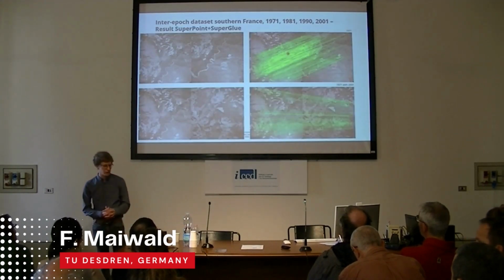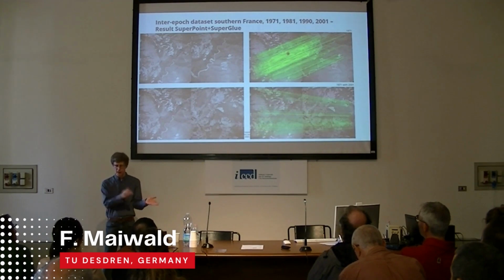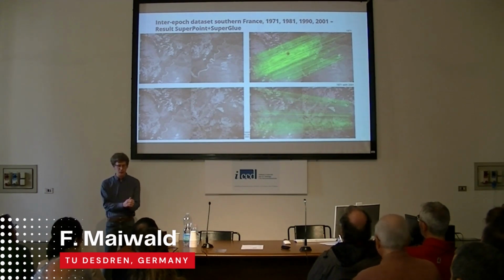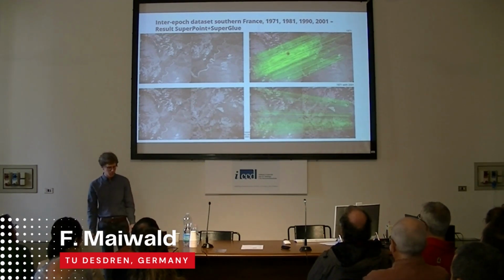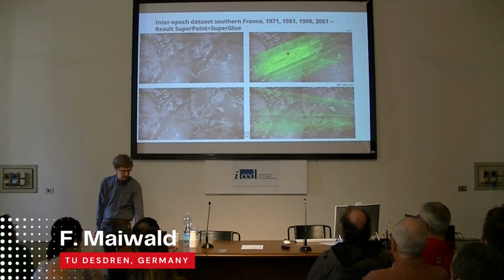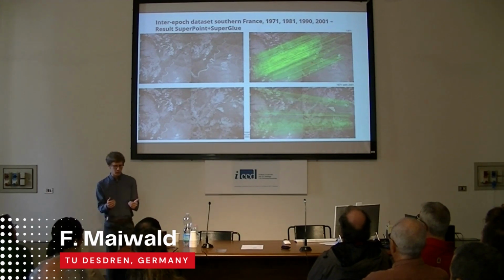So I just used it like I had it on my computer for the terrestrial images, and on the top we have a data set from 1971. So here is the image pair without the feature matches, and here is the image pair with feature matches, and intra-epoch it works, 1971. And there's another example for inter-epoch data sets.